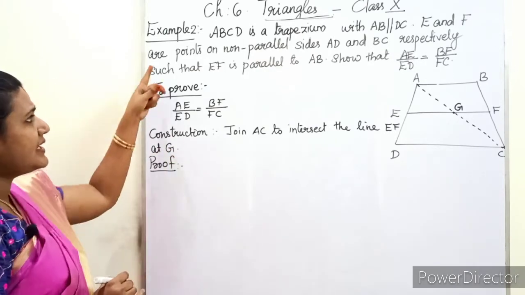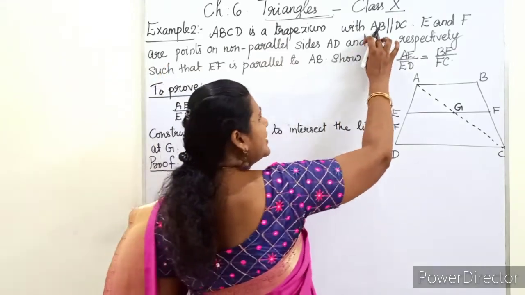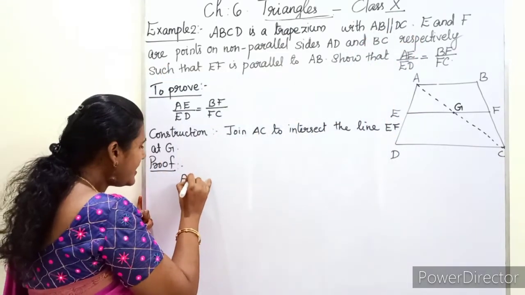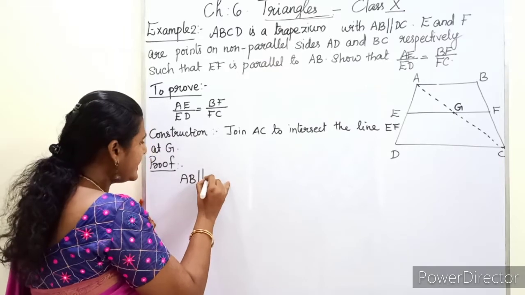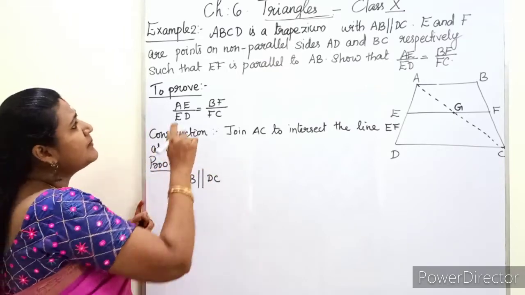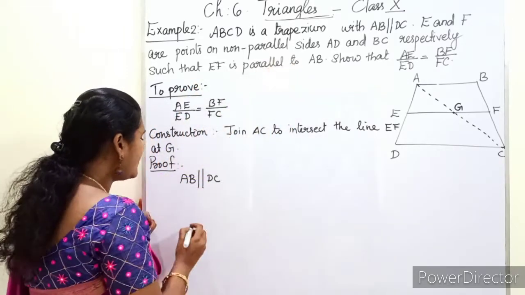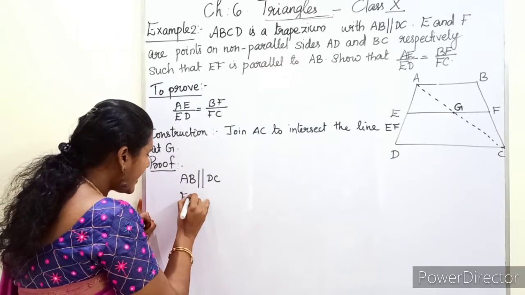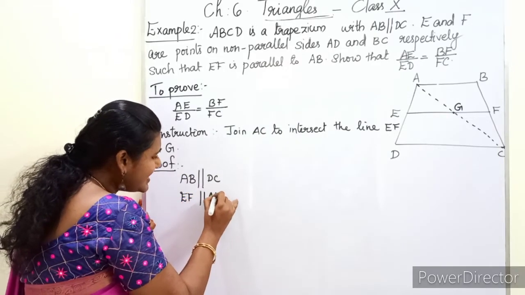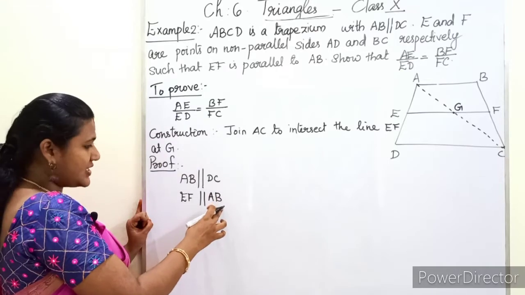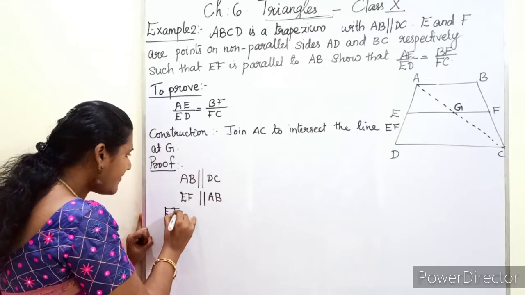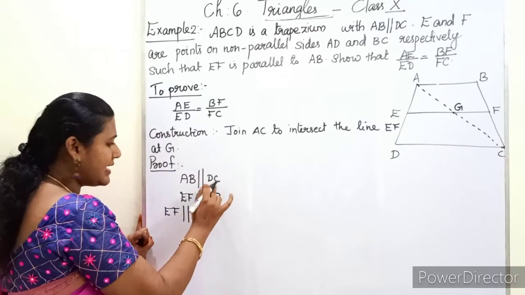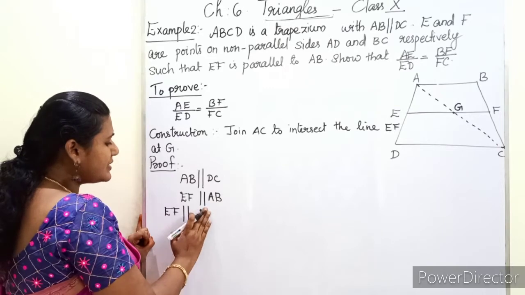First, you see here in this question we are given two conditions, that is AB is parallel to DC, and EF is parallel to AB. So since we have these two conditions, we can say that EF is parallel to DC. Why?